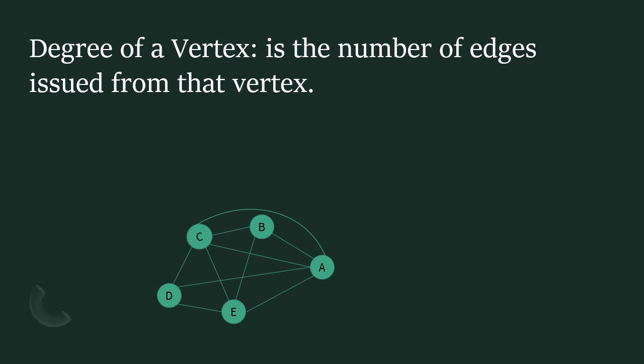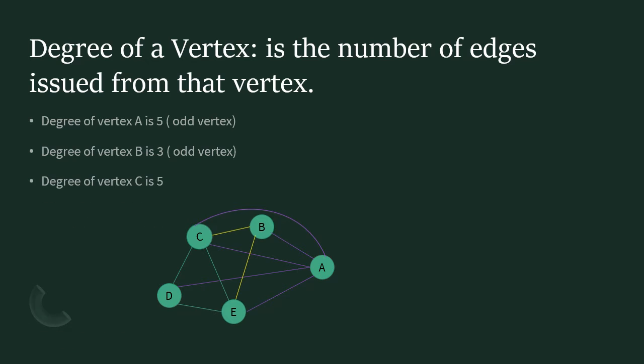The degree of a vertex is the number of edges issued from that vertex. So the degree of A is 5 because we have 5 edges starting from A. The degree of B is 3 because we have 3 edges starting from B. Similarly for the others, the degree of C is 5.